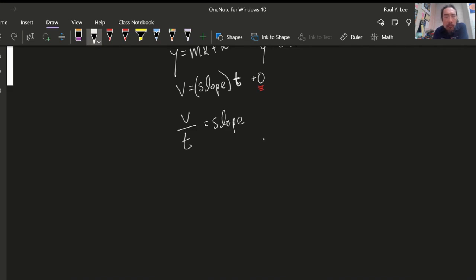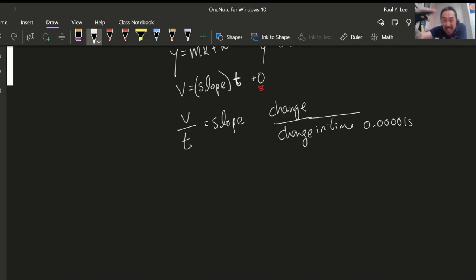So if we were to look at the very definition of slope, what this really tells us is that for every change in time, as time moves forward ever so slightly, like for example 0.00001 second, we'll have a change in velocity.